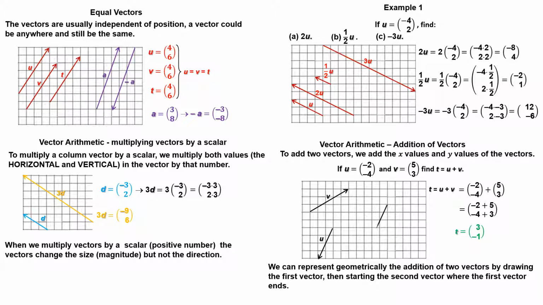Draw the vector t from the initial point of the first vector u to the terminal point of the last vector v. The single vector created by addition is called the resultant.